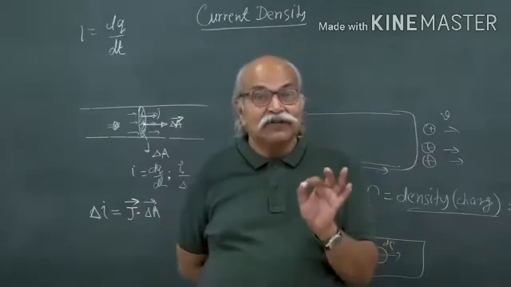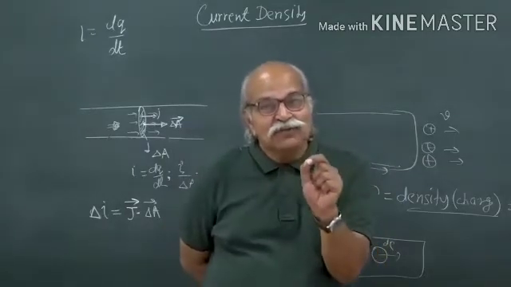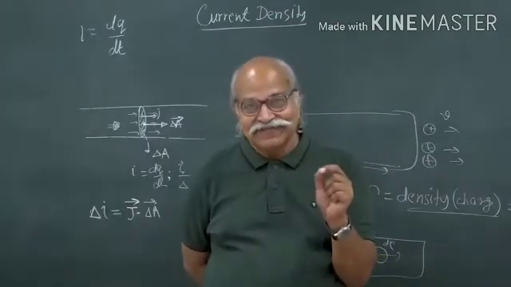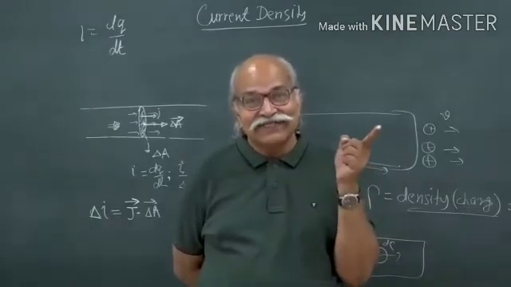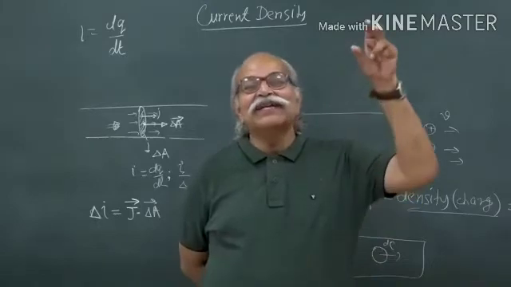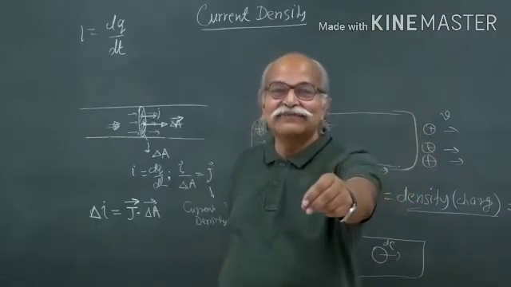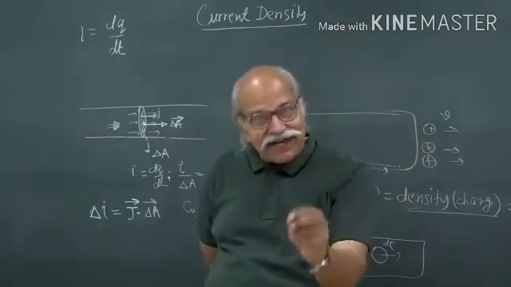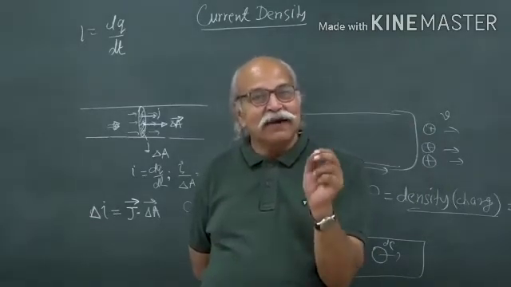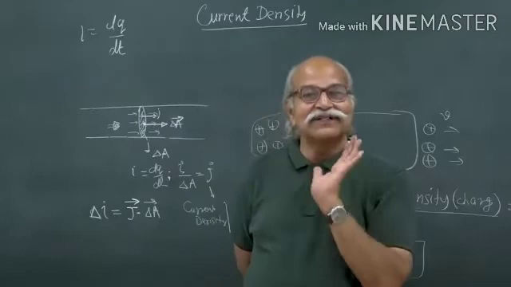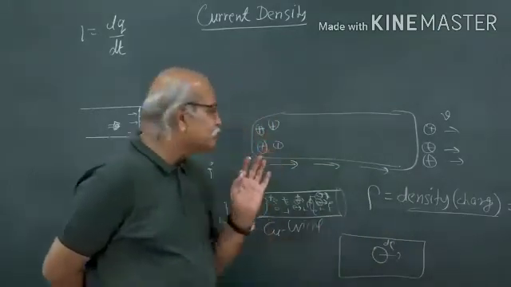We will not be talking of angstroms and nanometers, because then it will not be classical; this is classical electromagnetism. So whenever I say that I am taking a very small infinitesimal volume, we still are not talking in terms of angstroms or nanometers, at least micrometers. So that is our small.